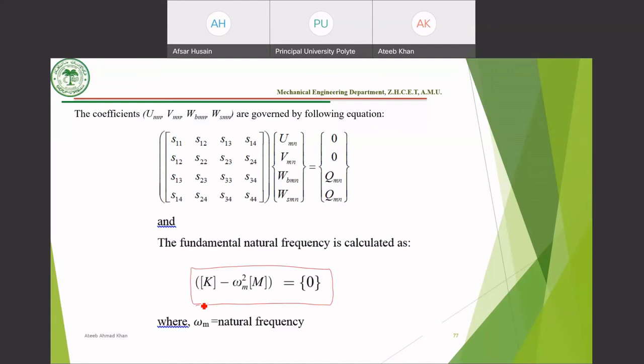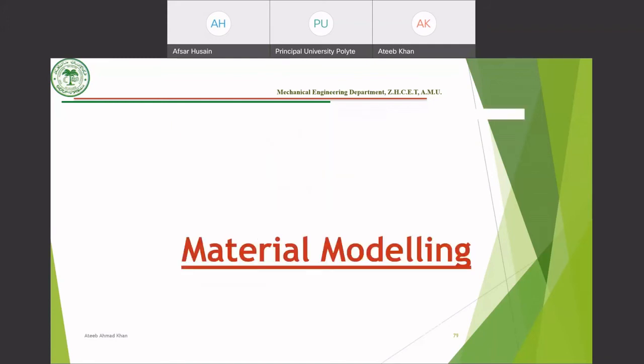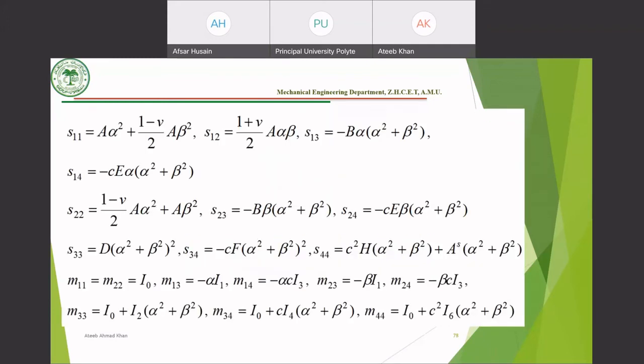Basically, I have calculated the eigenvalues of this problem, wherein the different eigenvalues are giving you the different modes of vibrations. And this is the stiffness matrix, and you can see that the stiffness matrix is way smaller compared to the third order theory. And these are your mass inertia matrix.